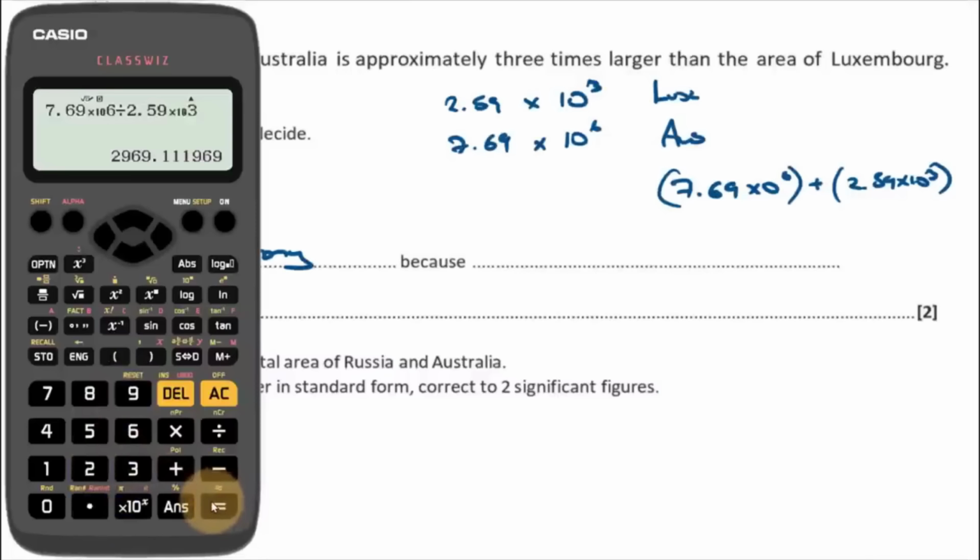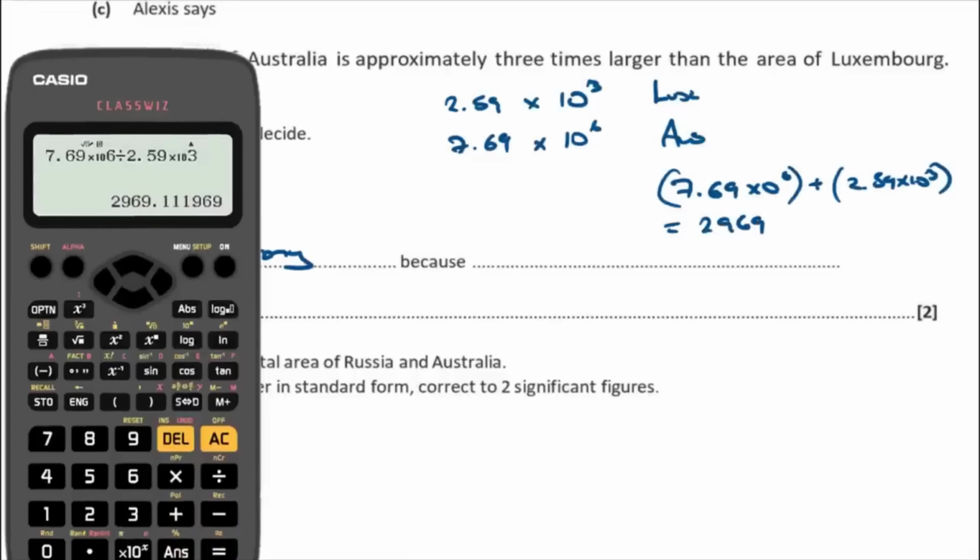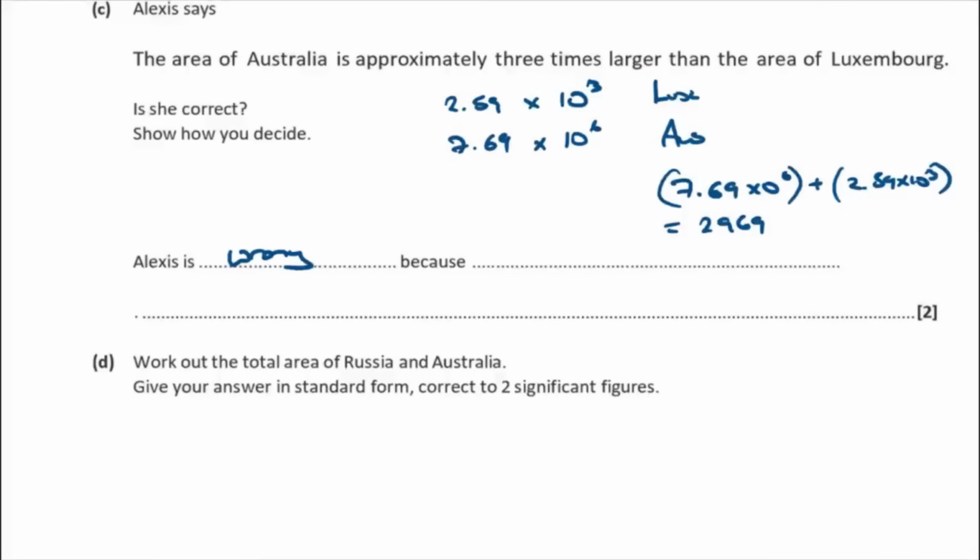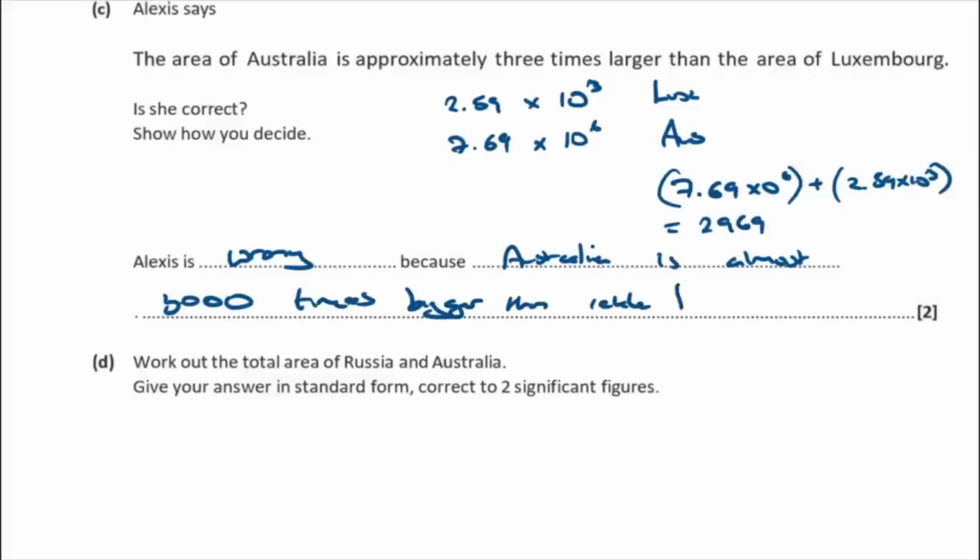Okay, and that comes out to be 2969 and change. So Alexa's wrong because Australia is almost 3,000 times bigger than Luxembourg.